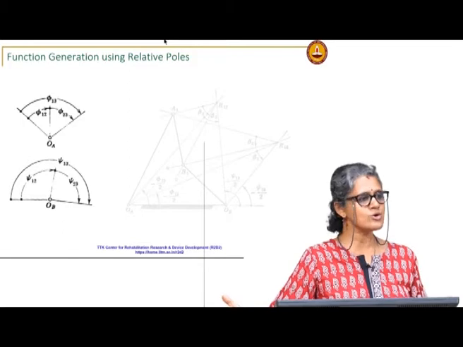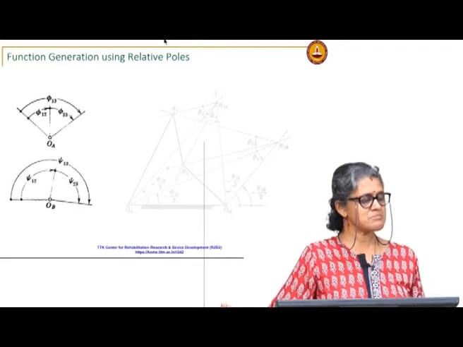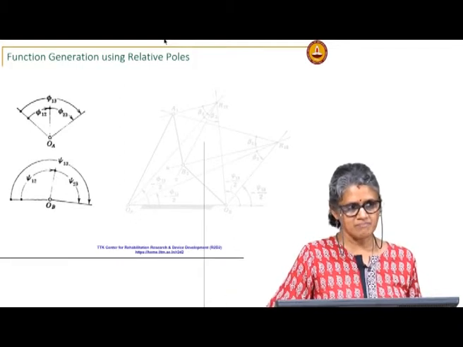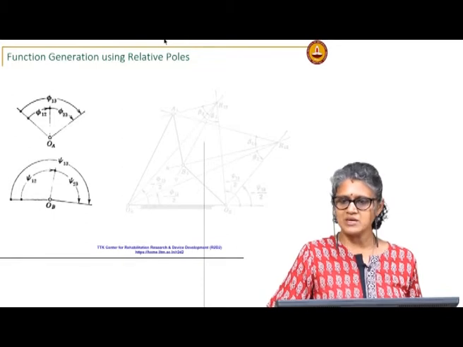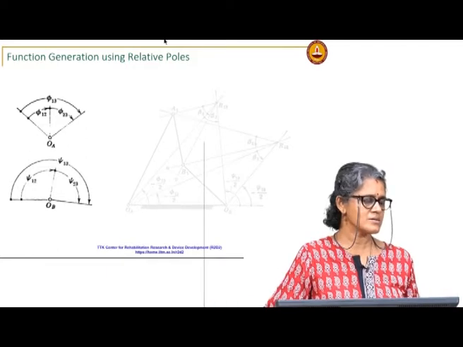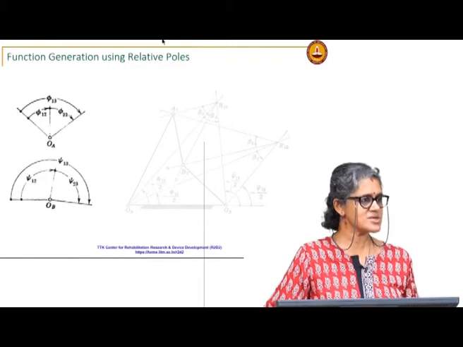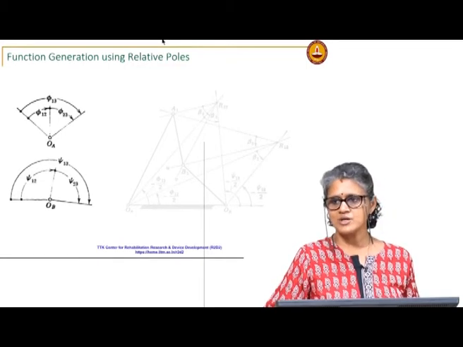You really do not know what is going to happen in between the positions, and in many cases it may happen that your design may not be suitable because of something that happens in between the precision points that you chose, the specific positions that you chose for your synthesis.